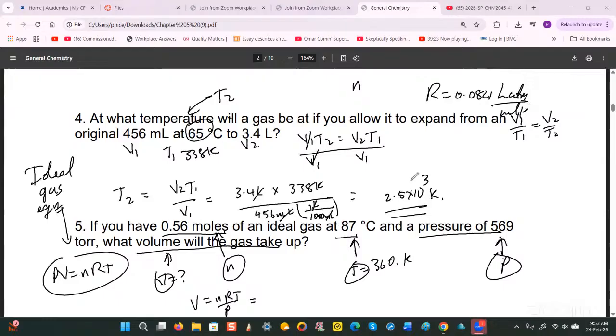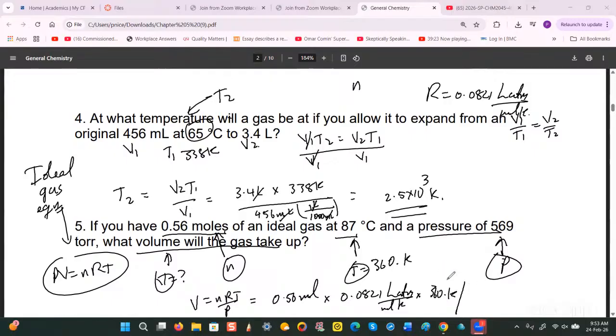So we put the numbers in. N is 0.56 moles times R, which is 0.0821 liters atmospheres over mole Kelvin, times the temperature, which is 360 Kelvin, and then we're going to divide all of that by the pressure.